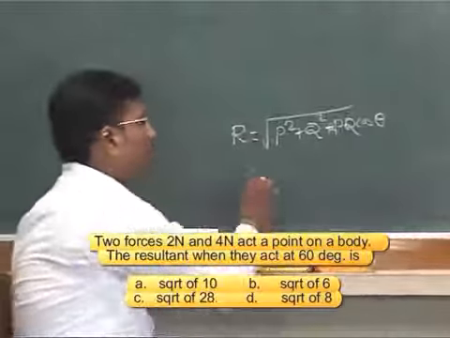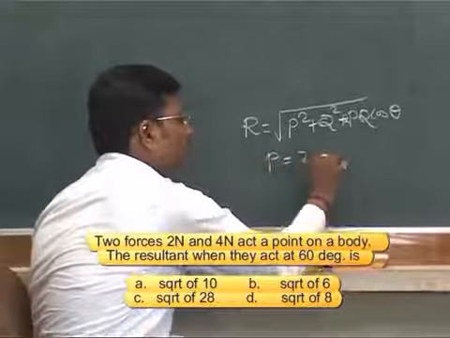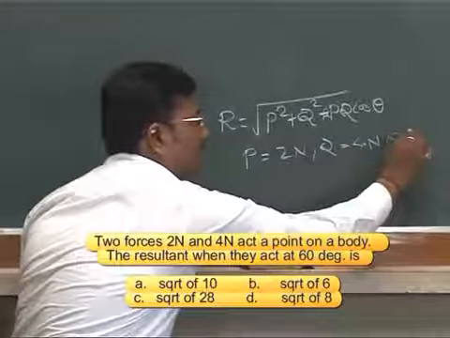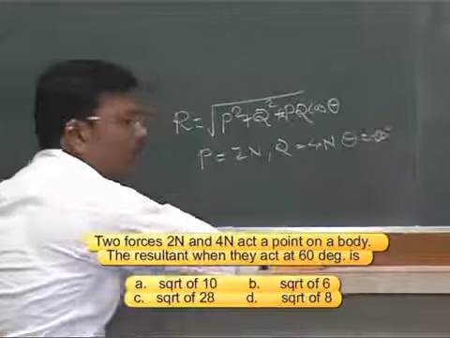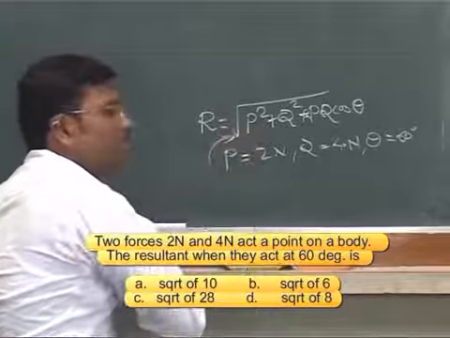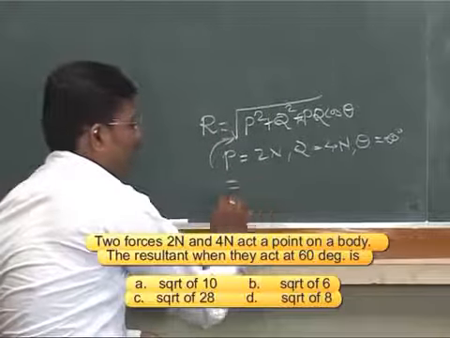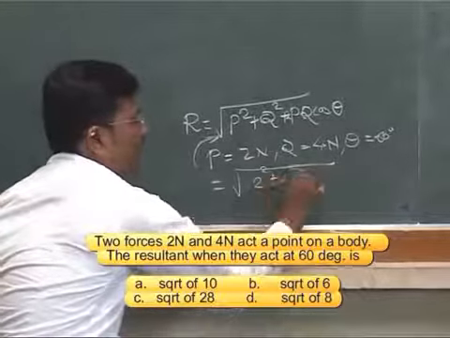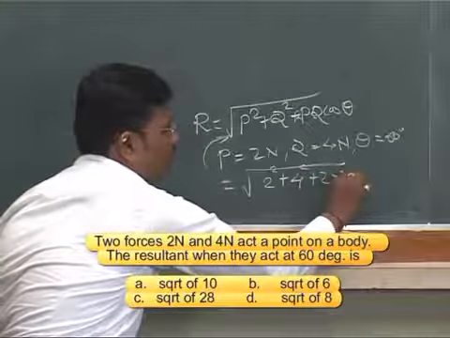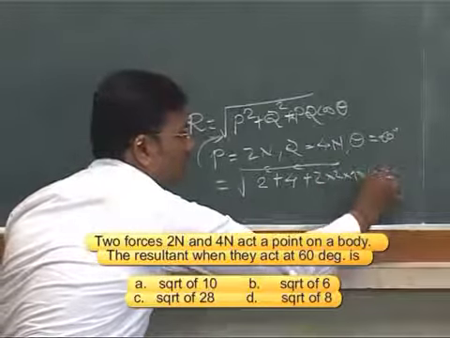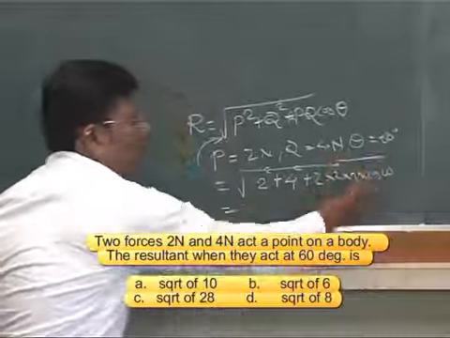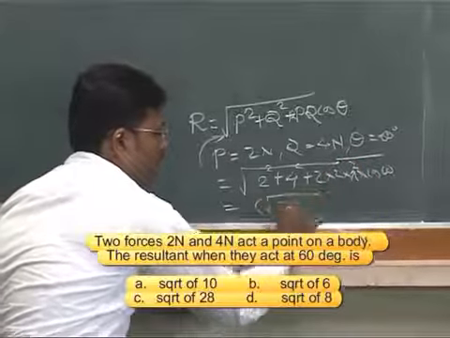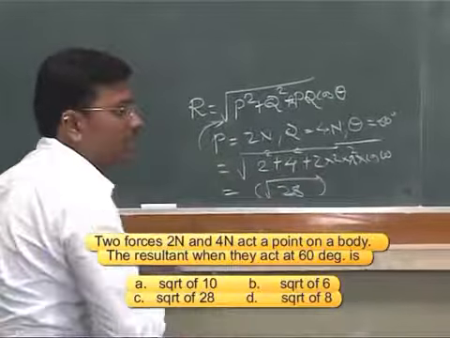In this problem, P is 2 Newton, Q is 4 Newton, and theta is 60 degrees. Substituting, we get 2 square plus 4 square plus 2 into 2 into 4 into cos 60. Cos 60 is half, so it becomes root of 28.